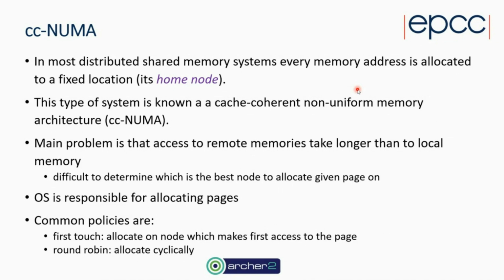And so these NUMA effects are important to us, in that it means that applications really need to make sure they are allocating and using memory locally to their processor rather than remote memory on the other processor in the node to get the best performance. So the main problem for these NUMA effects is that access to remote memories takes longer than local memory.